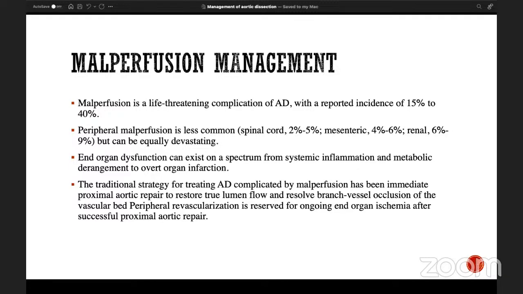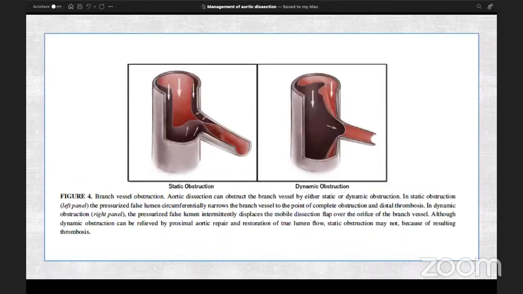But in cases of static malperfusion, like if there is a true rupture of the branch, usually the malperfusion will not be resolved by repairing the proximal part. For those patients, further intervention to establish flow and perfuse the affected organ has to be taken.